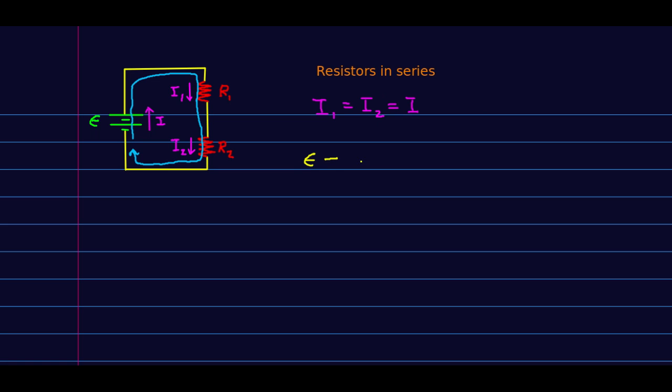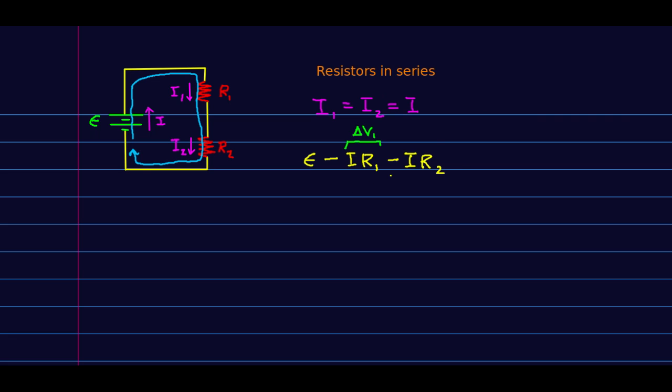So there is a drop in potential, and it is I R1. It is I1 R1, but I1 is I. And so this, what I've just written here, that's delta V1. It's just a different way of writing it. And similarly, as I go through this next resistor, there will be another voltage drop, like so.